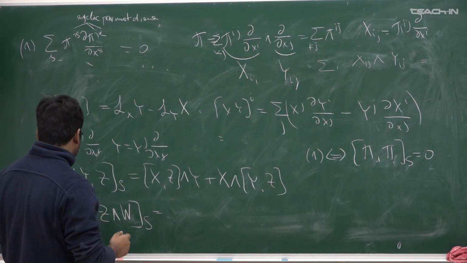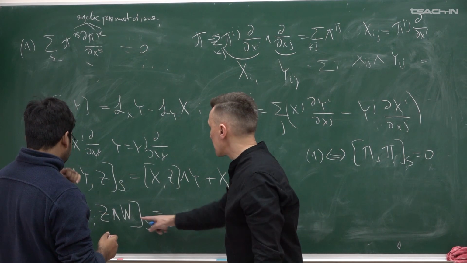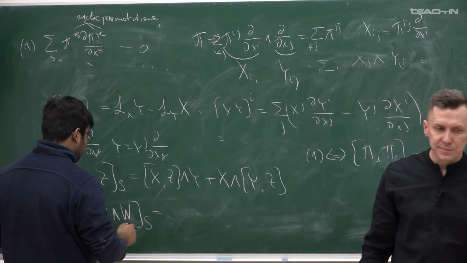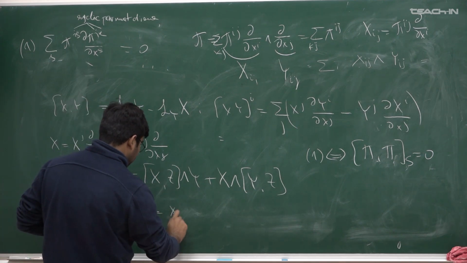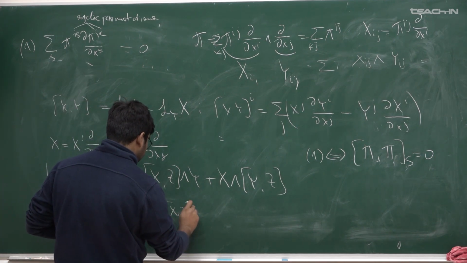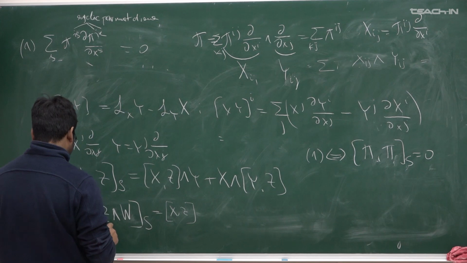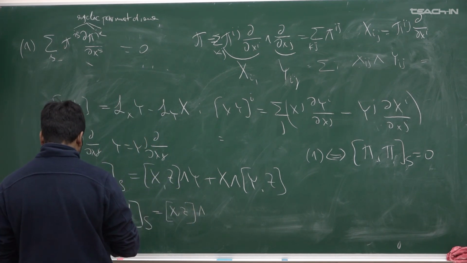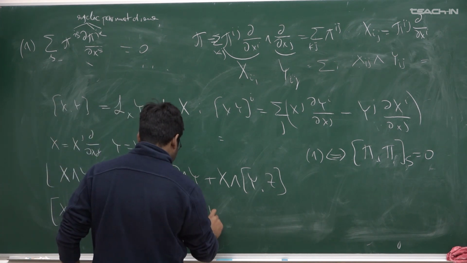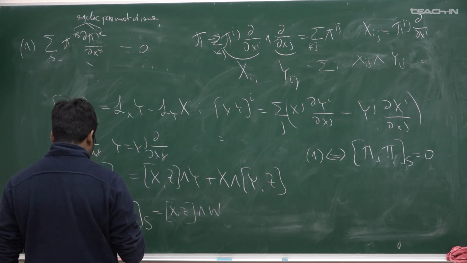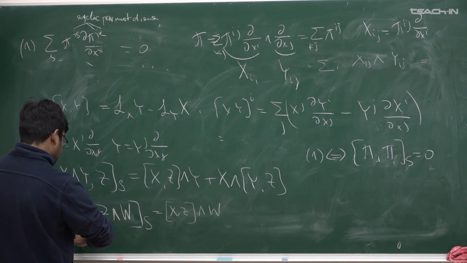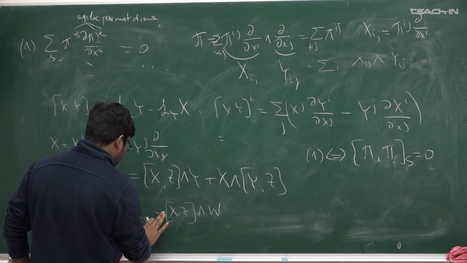So what is my X? Could you write this expression? What should it be equal to? Well, it will be some X, Z, and this W, and there should be some Y also.